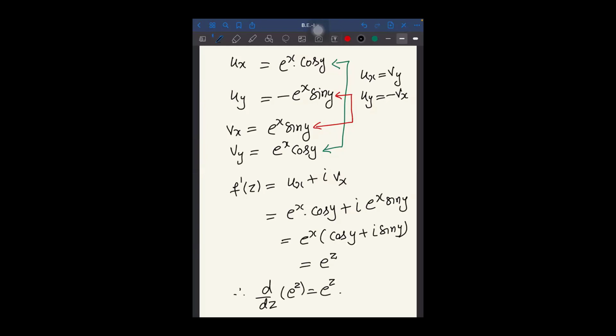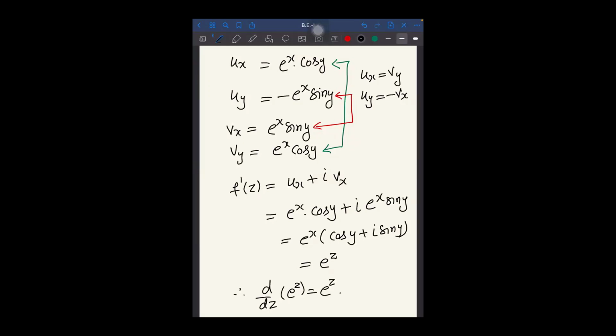Are you with me on this? Yes, sir. So you can apply the rules which we've discussed, the chain rule, product rules, all those rules can be applied, right? This is easy to prove. Is it okay? Yes, sir.